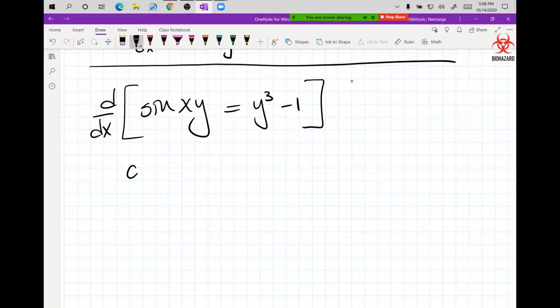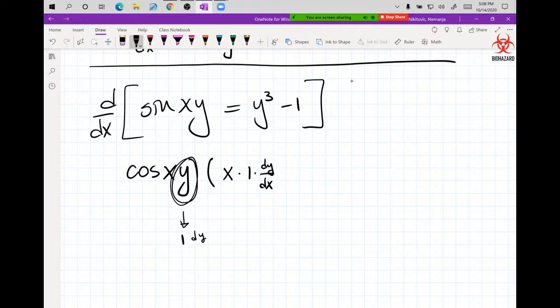Derivative of sine is cosine, and we copy the guts, times the derivative of xy. The derivative of xy is product rule, so copy the first, derivative of the second, and then dy dx. Because remember, this is a y. When I take the derivative of y, you get 1, and then I have to follow with the chain rule. So that's the derivative of the second.